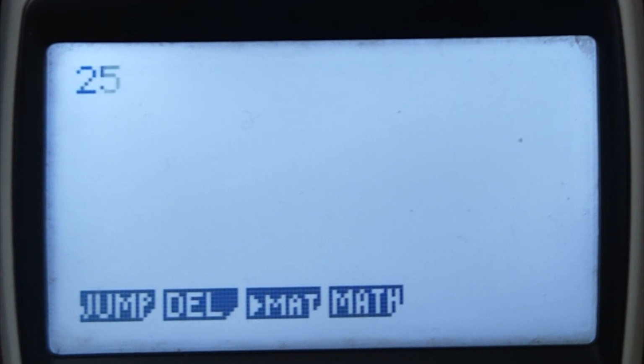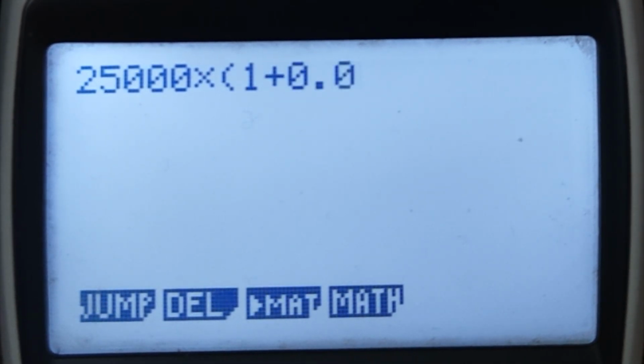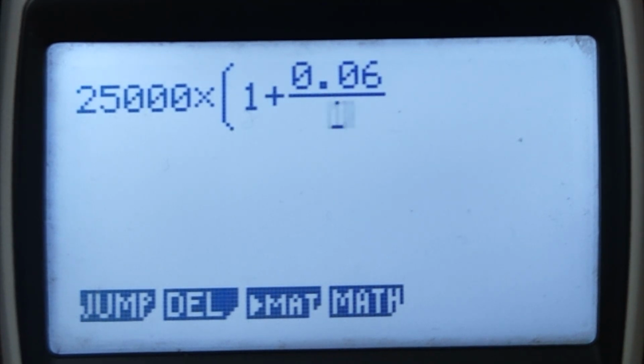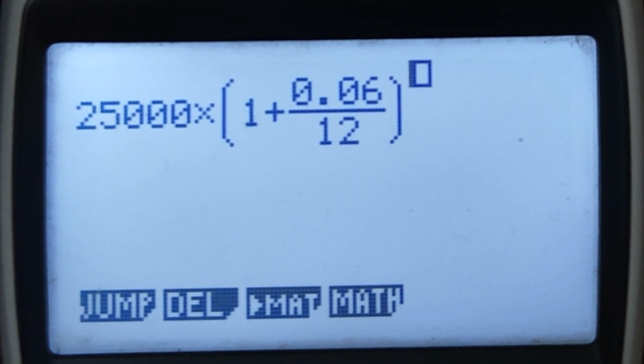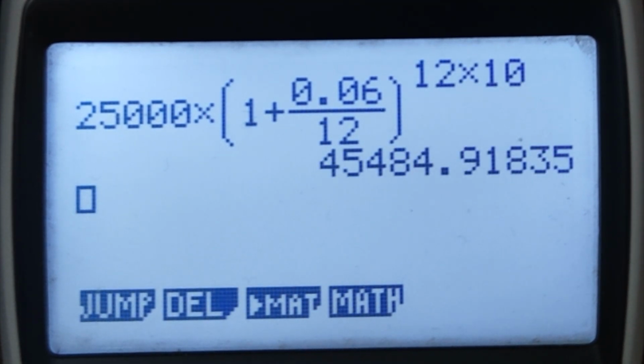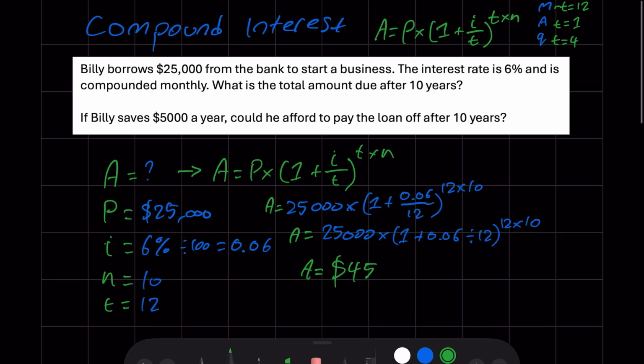Let's put it into my calculator. 25,000 times 1 plus 0.06 over 12, close bracket, to the power of 12 times 10 is equal to 45,484.92. $45,484.92. So that is the answer to this first part.